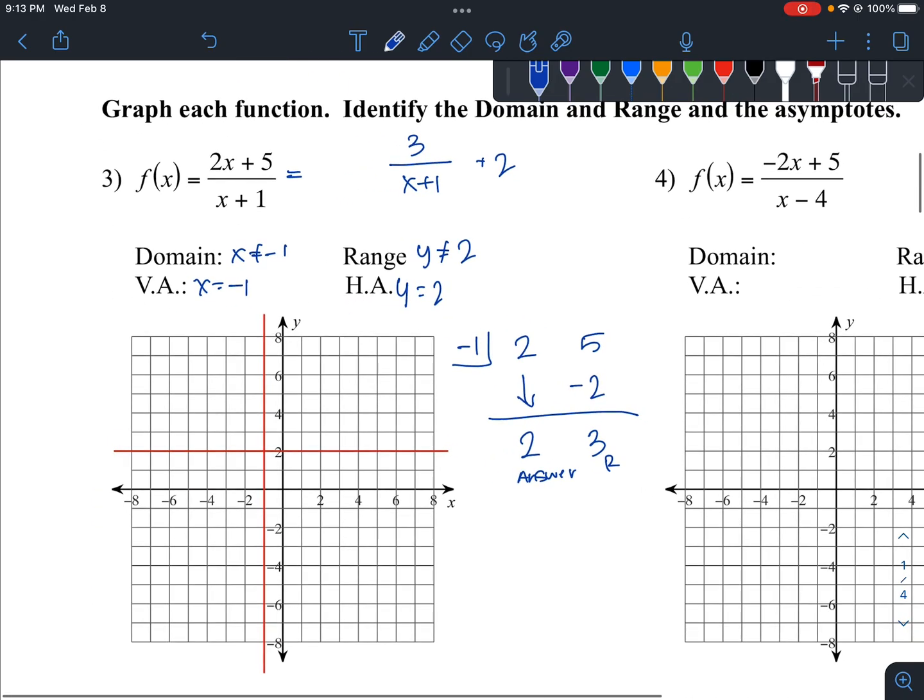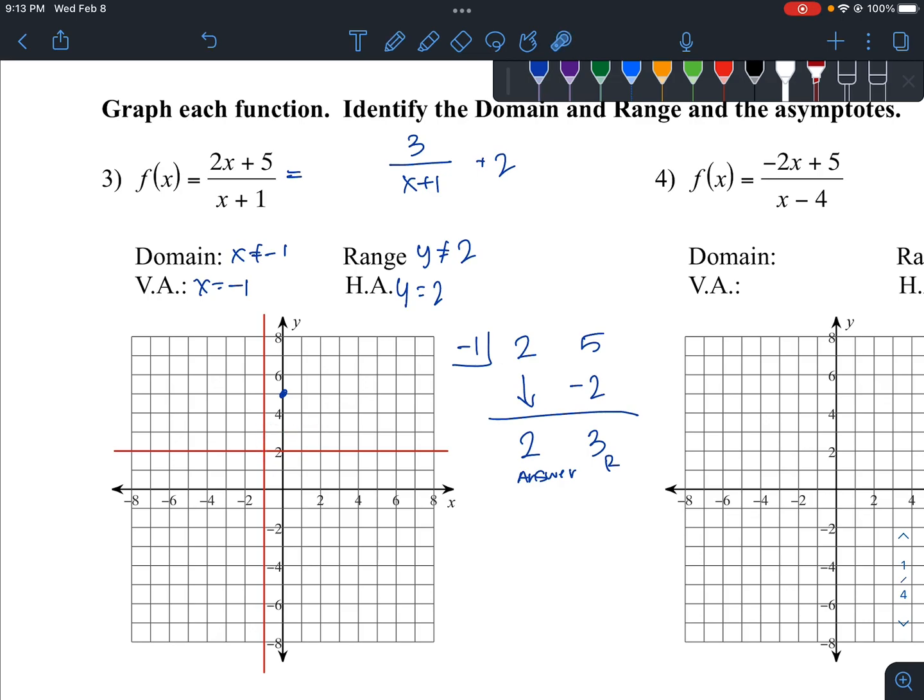So with that being said, we already have the left 1 and up 2. This stretches by 3, and it's positive, so I'm going to be in the upper right and bottom left. But since the stretch is 3, instead of going over 1 and up 1, I'm going over 1 and up 3. So over 1 and up 1, 2, 3. And then use the inverse of that.